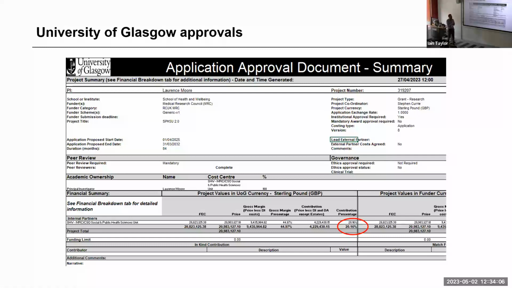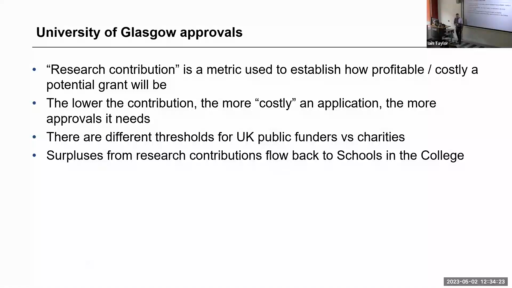It's just the term that is used by finance colleagues. Basically, it's a metric used to establish how profitable or costly a potential award is. And the lower the contribution, the more costly it is, the more approval it needs.